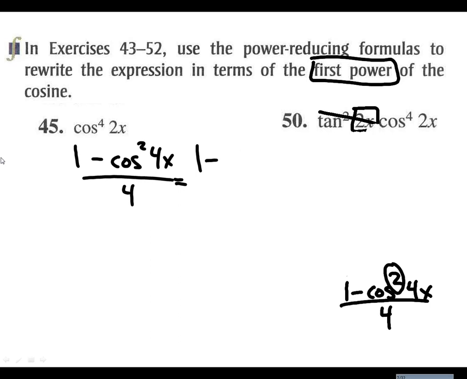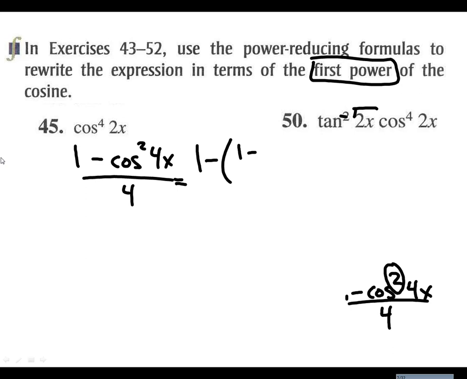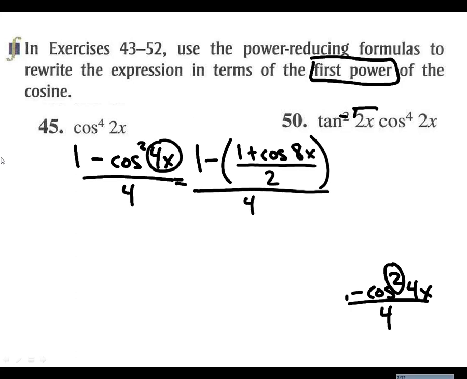Cosine squared is plus, 1 plus cosine of 2u, double this thing, so 8x over 2. And that's all over 4.